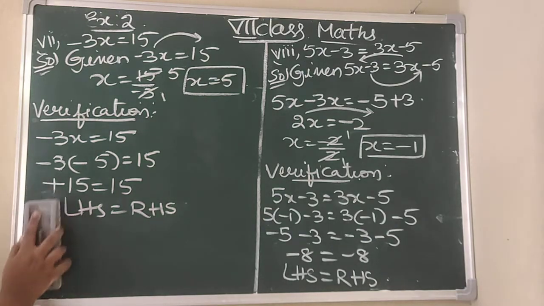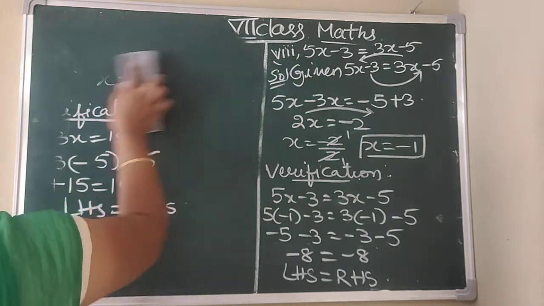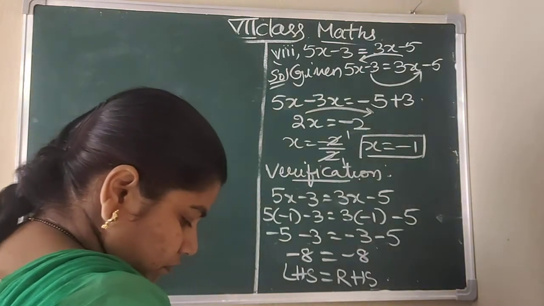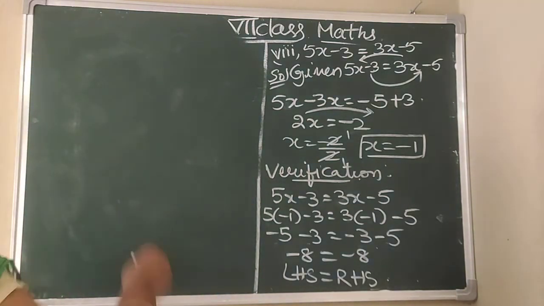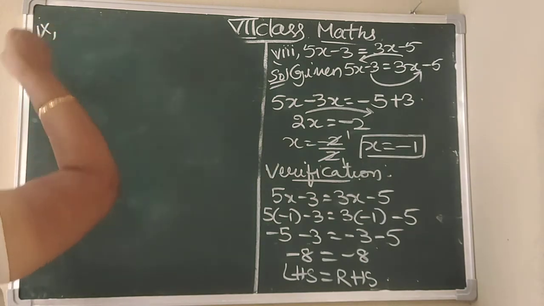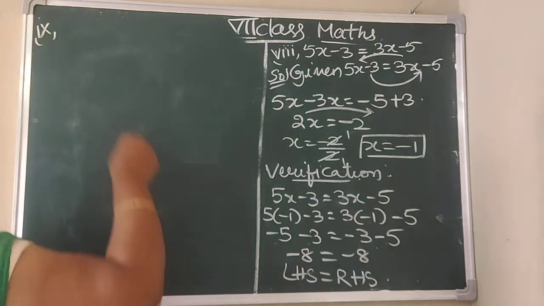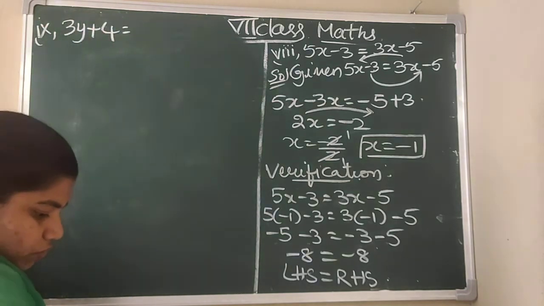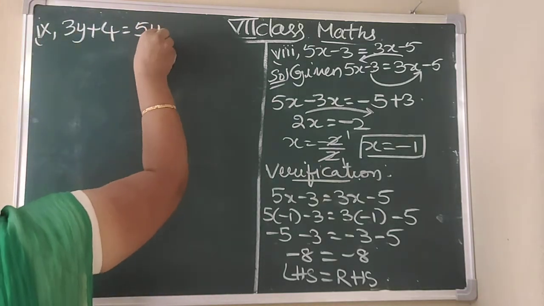Next, the ninth one. So what is the ninth one? 3y plus 4 is equal to 5y minus 4.